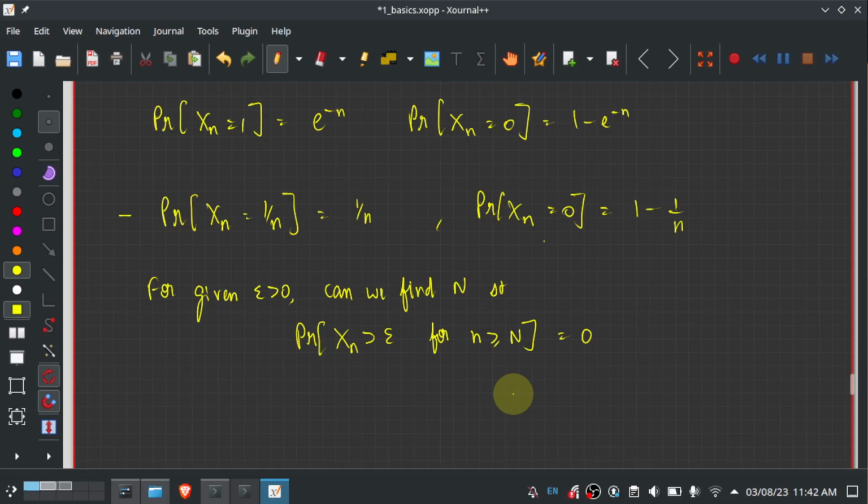Can I find a capital N? Yeah, it is 1 over epsilon. So for all n larger than 1 over epsilon, you know that xn is going to be less than epsilon for sure, right? So in this case, the answer is yes. And in fact, this sequence of random variables converges almost surely to X.